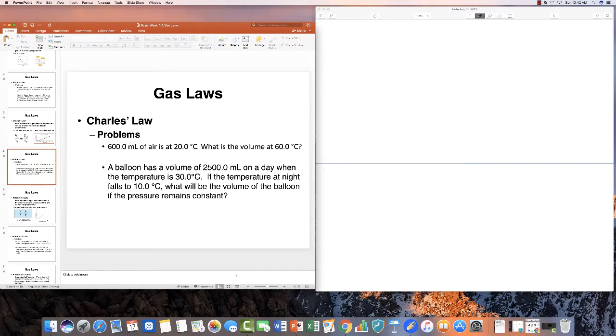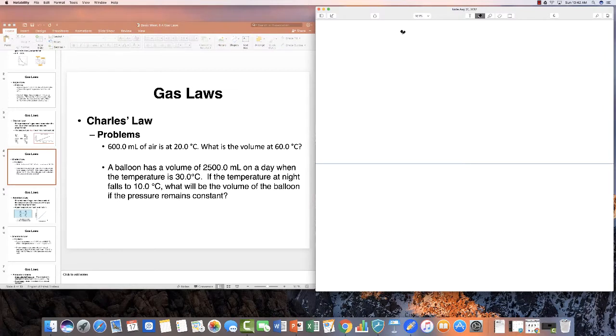The first problem states you have 600 milliliters of air in a balloon at 20 degrees centigrade. What is the volume at 60 degrees centigrade? So let's write down: the first volume V1 is 600 milliliters.